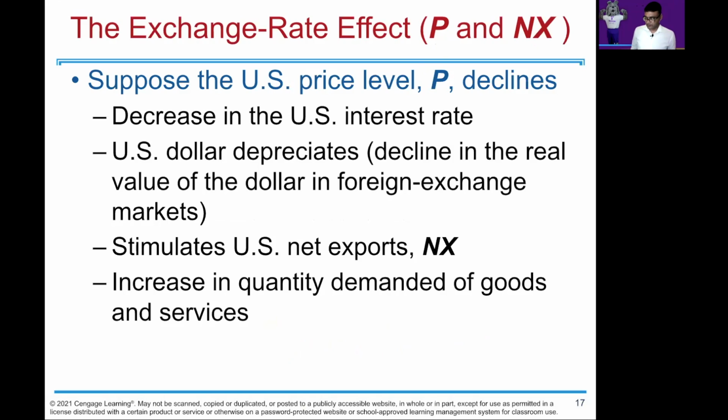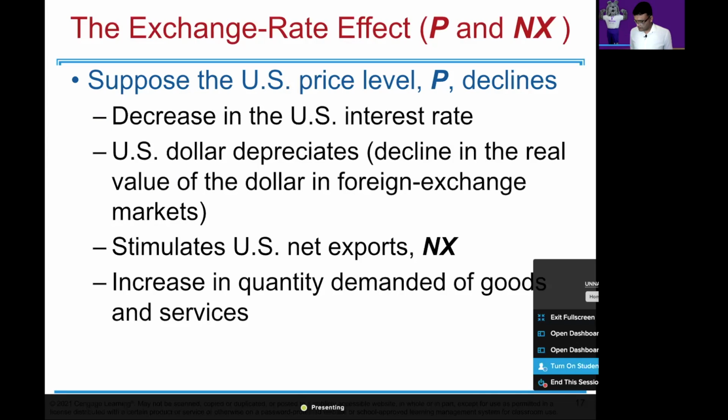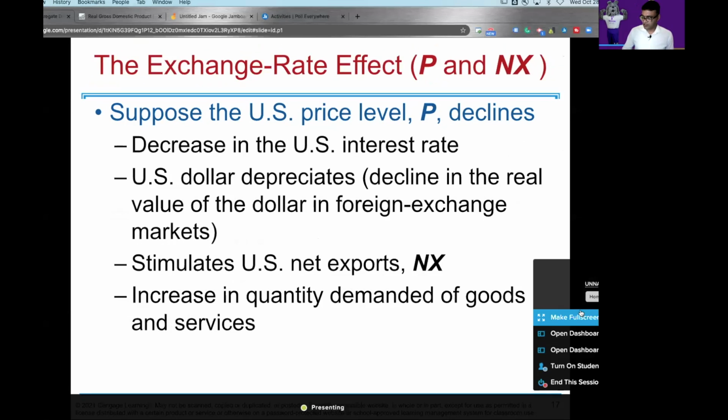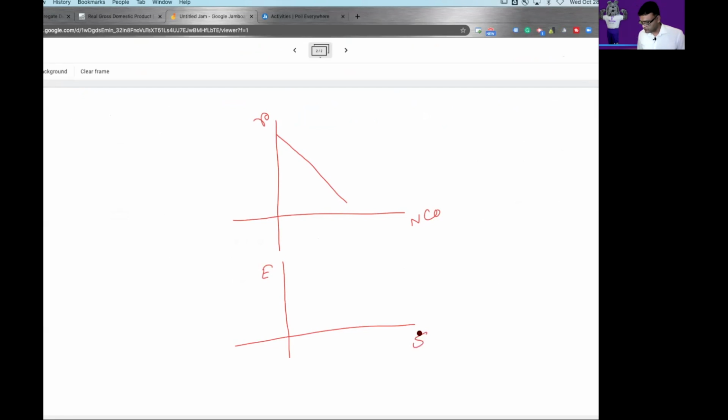Again, for this one, I think we can use the concepts we learned in our last chapter. We can use that here. So this is your interest rate, and this is your real exchange rate, your dollar.